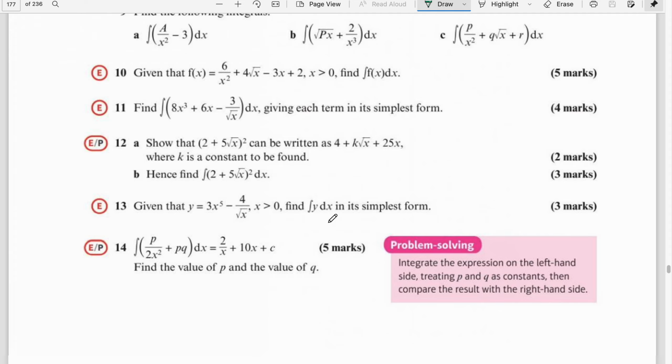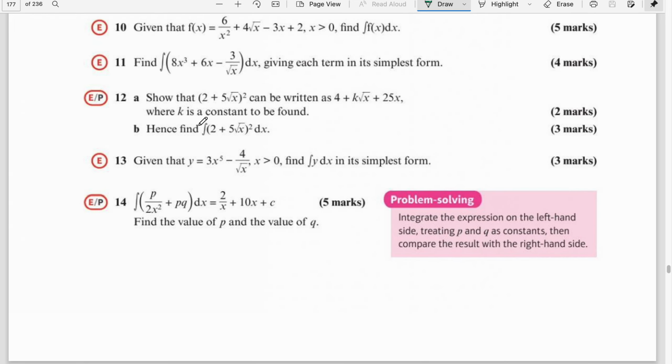Look at question number 10. Given that x is greater than 0, find the integral of f of x. So we have this question, and let me just rearrange. This is 6, taking this x in the numerator becomes minus 2 plus 4 square root of x, which means x raised to the power 1 by 2, minus 3x, and then plus 2. Now we integrate with respect to x.